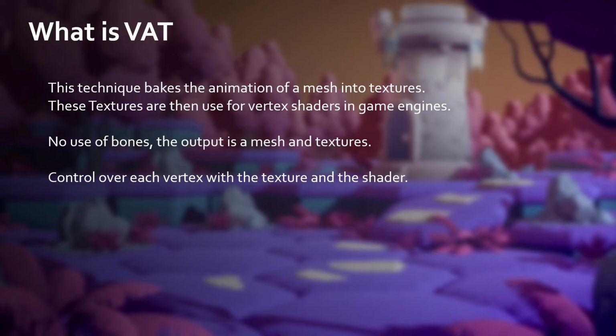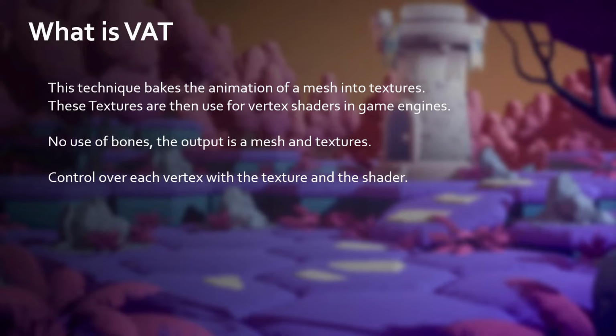Then vertex animations further, they don't use bones. Often when we animate something for a game, we will use bones. If I have a character, the character has bones, and we're going to animate with the bones and so on. But in our case, with vertex animations, if you bring in, like, a simulation of a fluid, we need a mesh and we need the texture to say what the points over time need to be doing.